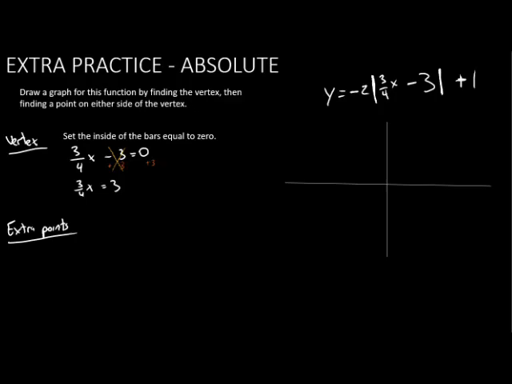Now, many students get stuck at this point because they're unsure of what to do with the fraction. If you have a fraction next to x, we will multiply both sides by the reciprocal, or the inverted form of that fraction. The inverted form of 3/4 is 4/3.